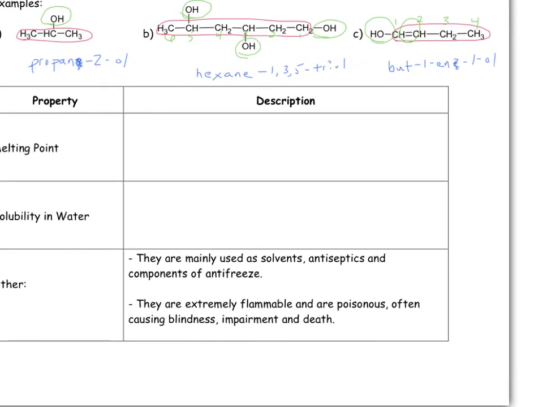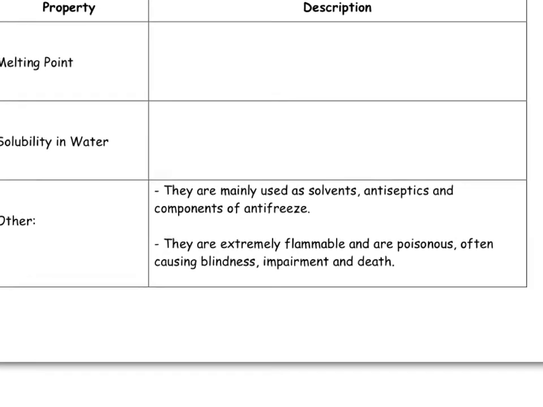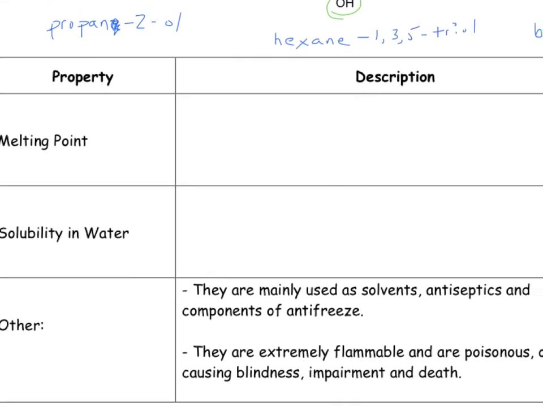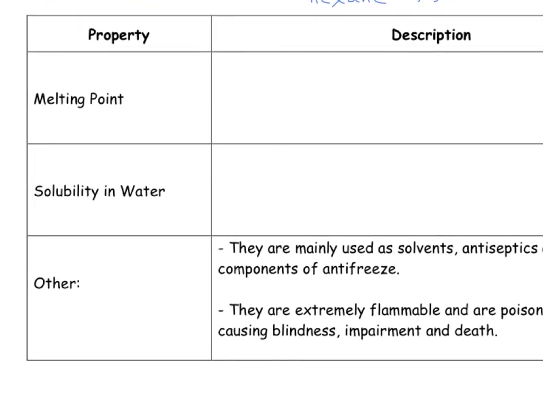Properties of alcohols. Hydroxyl groups are polar and can create hydrogen bonds because there's an H directly attached to an O. This means that alcohols have higher melting points than alkanes.